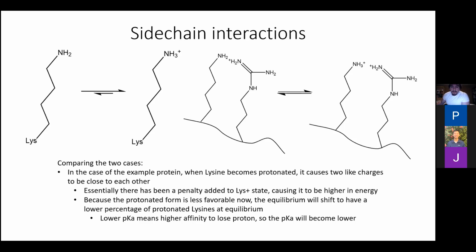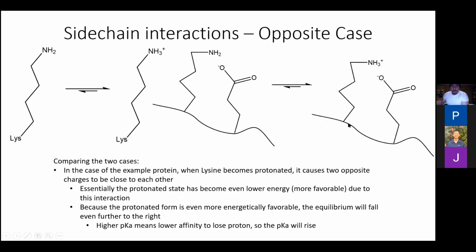Okay, I'll move on and cover the same thing. On the other hand, what if it's two residues that can take opposite charges? It's pretty similar. Here you have glutamic acid, glutamate, and we'll just assume this is always negatively charged.